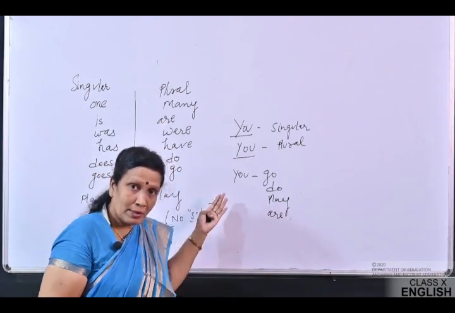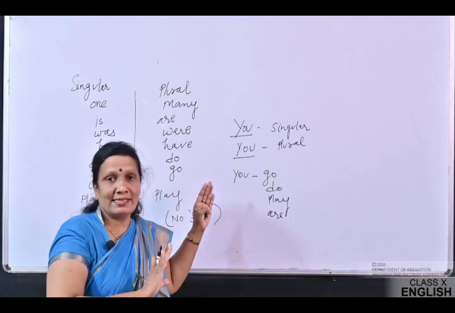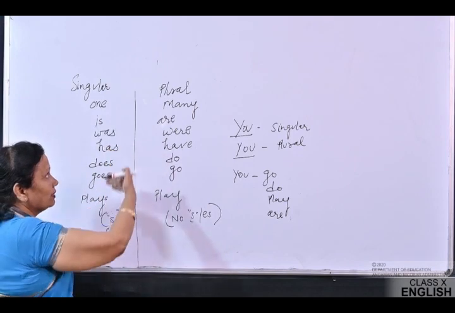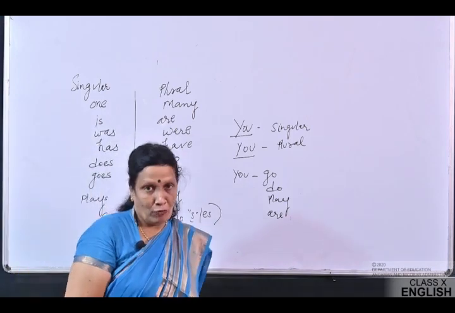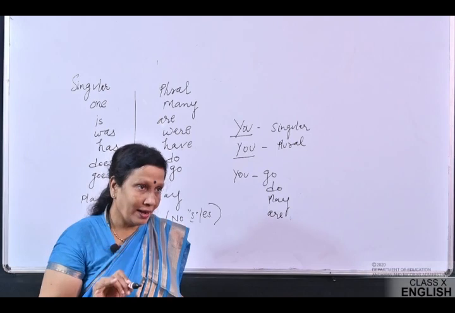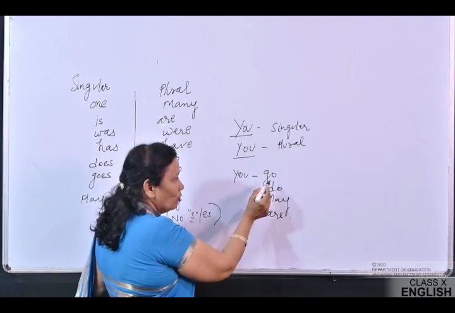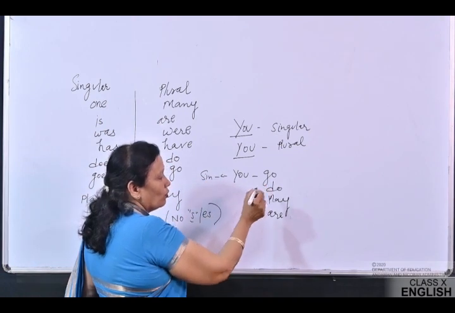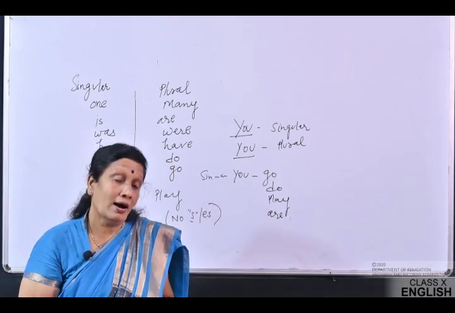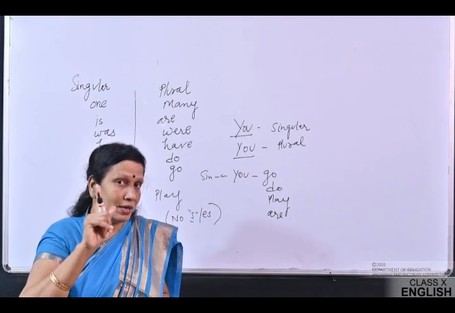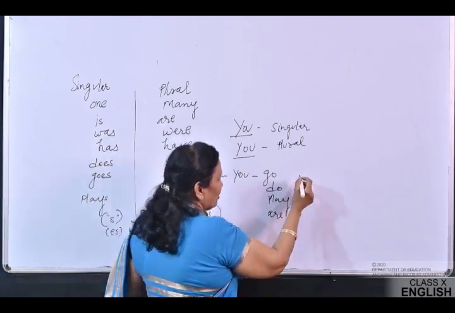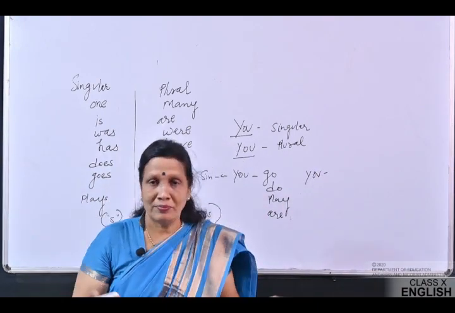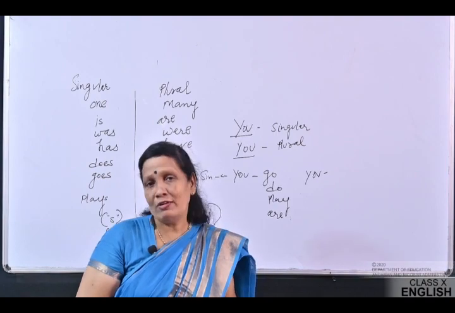So you need to remember these special cases where this does not apply, the singular and the plural verb forms. Like I told you about I, in the same way you go when it is singular. Okay, you go, you do, you play, you are, though we address only one person. In the same way, when we talk about many people also, we ask the students, do you play in the evening?